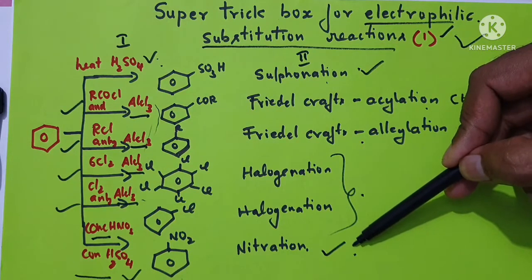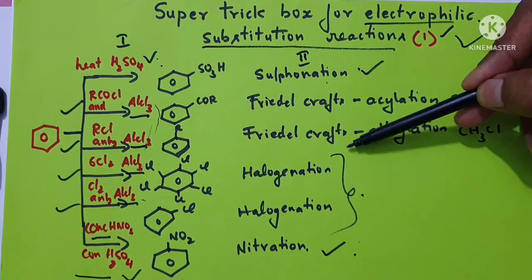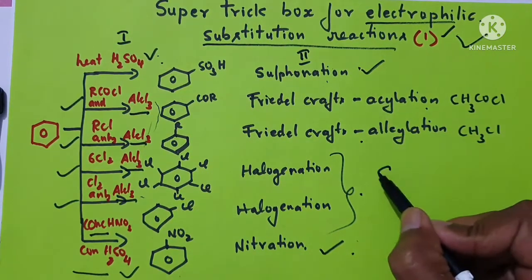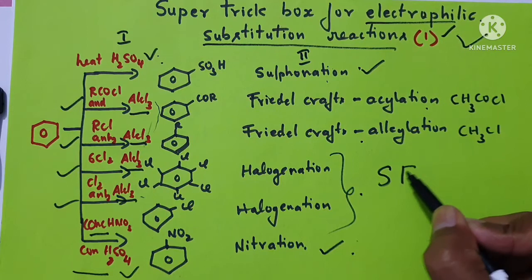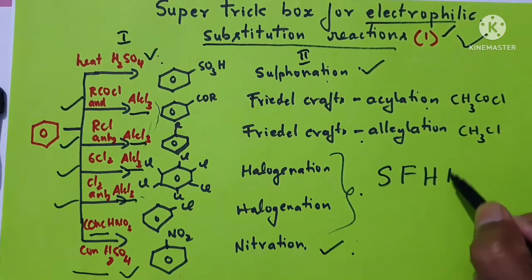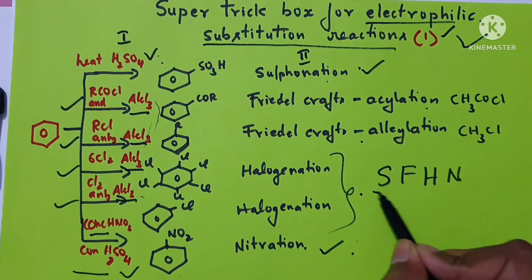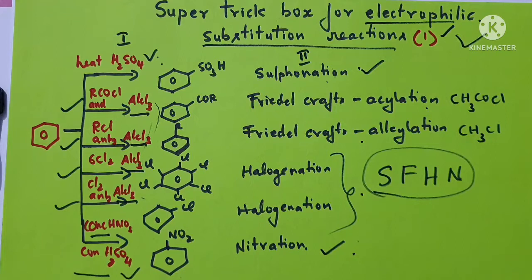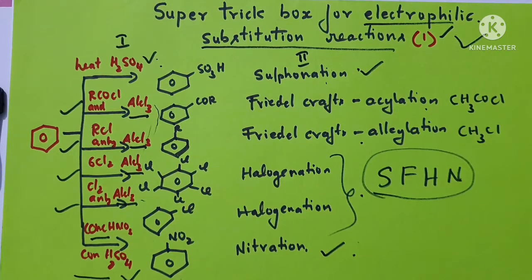It's the second important point. Sulfonation, Friedel-Crafts reactions, halogenation and nitration. Remember, S for sulfonation, F for Friedel-Crafts reaction, H for halogenation and N for nitration. All these reactions always undergo electrophilic substitution reaction.